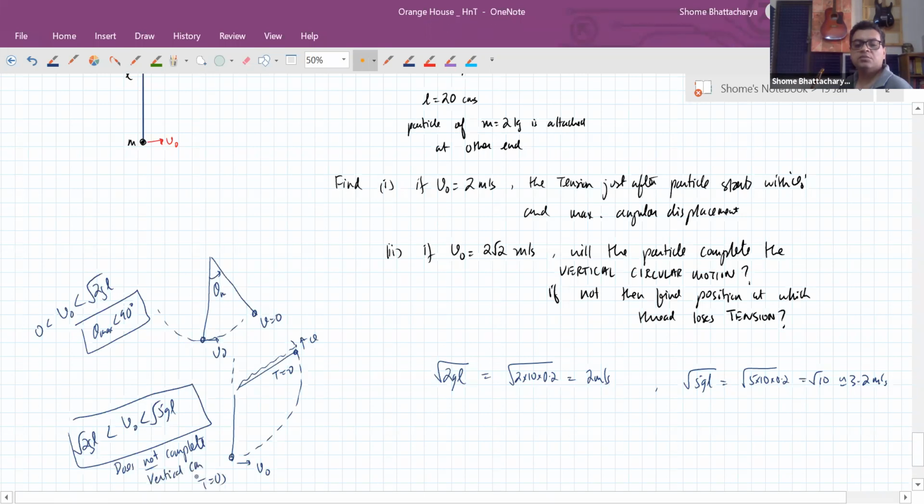Tension becomes zero at some point like this. And only for V naught greater than or equal to root 5 GL, it completes the vertical circle.